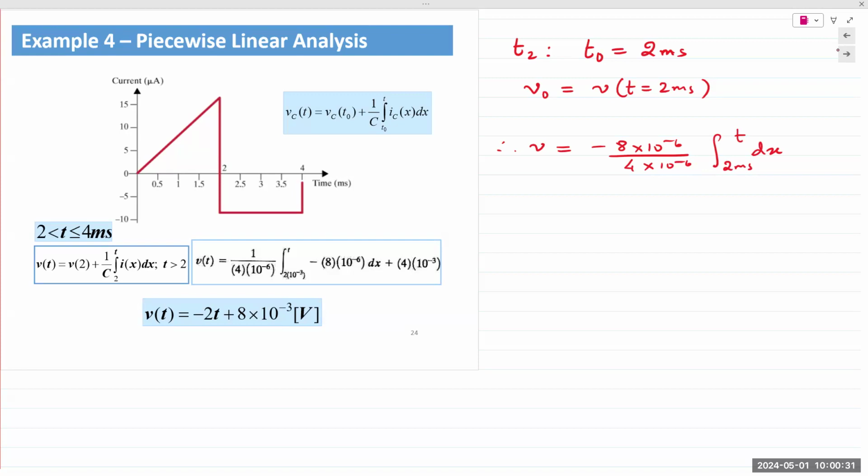You plug in the value or the limits of the integral in there. And you obtain this expression, minus 2t plus 8 into 10 raised to minus 3 volts. This time, the value is not constant. It is a function of time because you have the variable t in there.